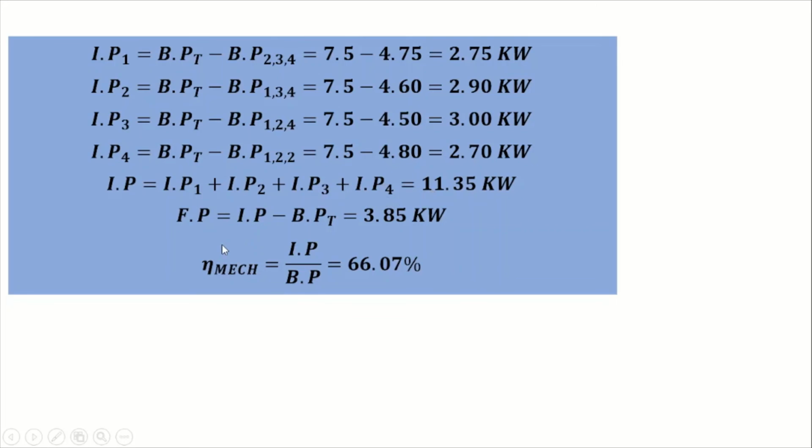And our friction power is the total indicated power minus the total brake power when all cylinders are running, which gives 3.85 kilowatt friction power, and we have achieved the mechanical efficiency of 6.07%. Thank you.